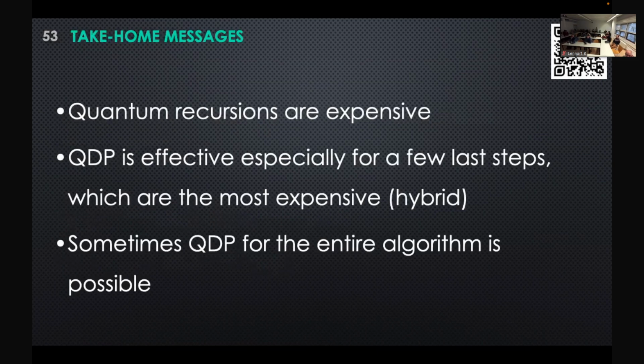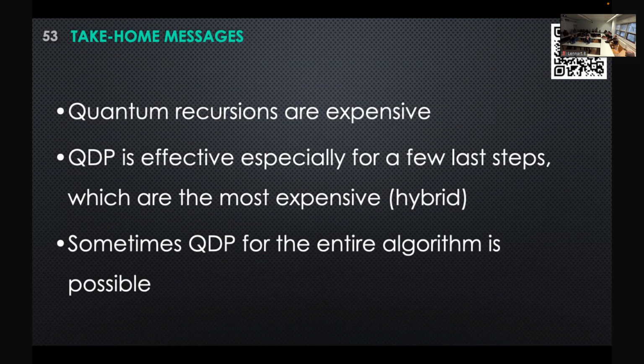Yeah, so this is the last slide. Take-home messages. Quantum recursions are expensive. Either you need exponential circuit depths or exponential circuit widths. And QDP is very effective to solve the exponential circuit depth problem, especially for the last few steps when you use it in a hybrid way.